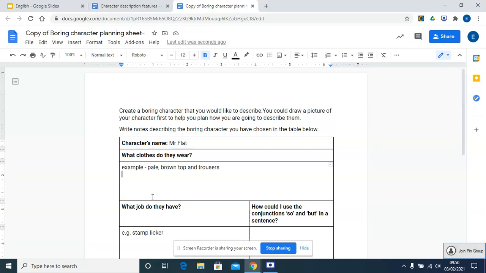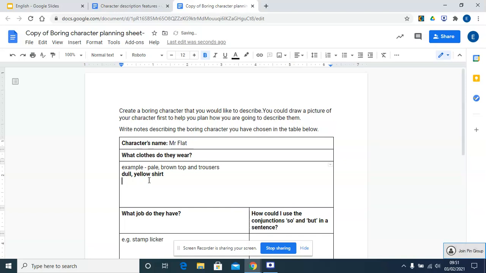So I'm going to have, I think, dull, yellow. I'm just putting my comma in between my adjectives here as I'm listing, because it's all going to be about a shirt. Okay, I think he's going to have brown, comma, baggy trousers.